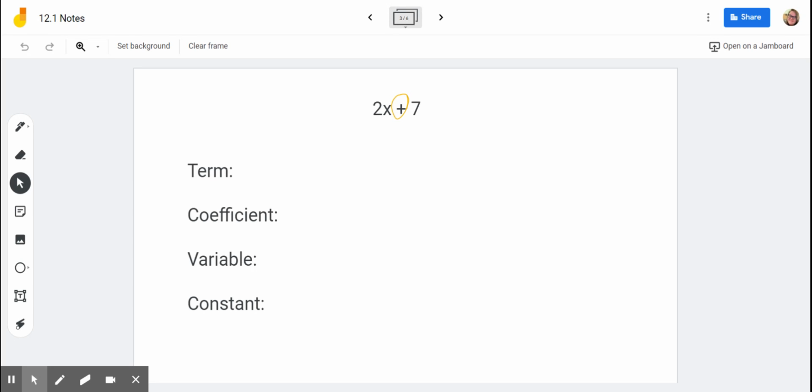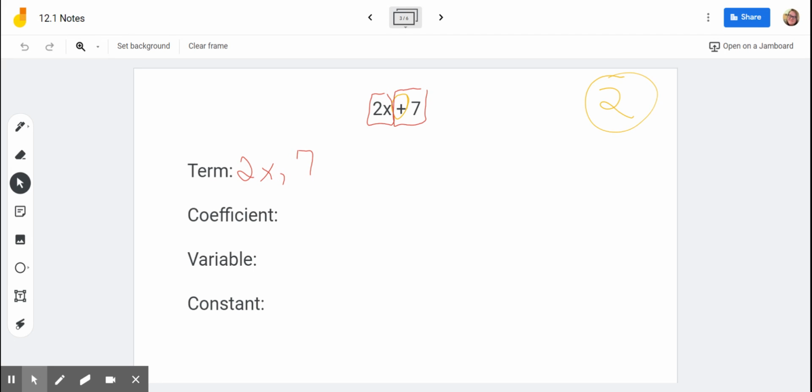So I know I have two terms. So I'm going to go ahead and write this up here. I have two terms. And so my terms are going to be 2x, and I got to take the sign in front of it, so a positive 7. Okay, so my terms are 2x and a positive 7.